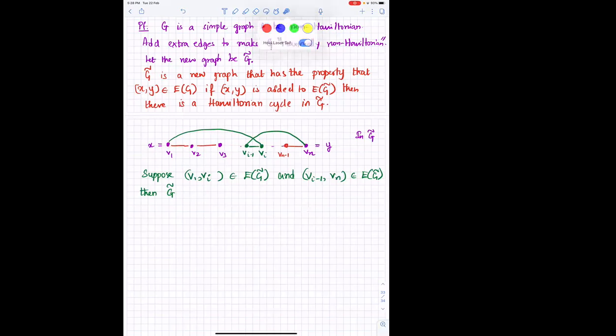You can try this color. So you go this way, you go here, you come back to the line. Is that clear? So then G tilde has a Hamiltonian cycle: v1 to vi minus 1, vn to vi, to v1.